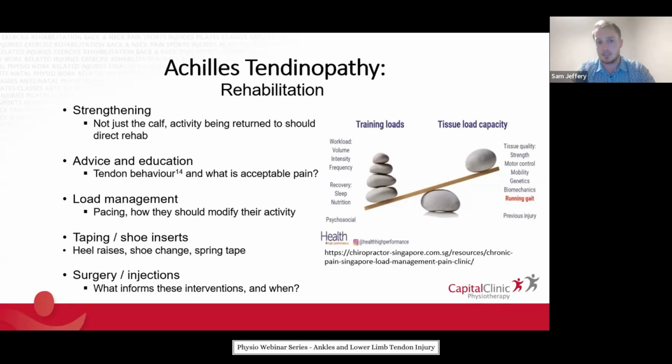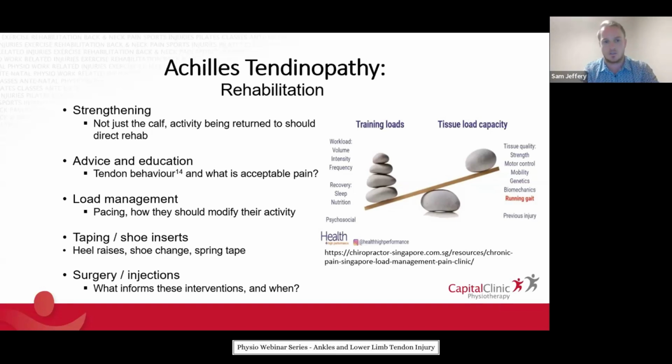A shoe change might be necessary if the person has a really old shoe or it's not particularly supportive of them. And as I said, I have a taping technique that I like to use for propulsion that can really help with unloading that Achilles. And then looking towards potentially something like surgery or injections if physiotherapy is failing or if their pain's too great or we can't get them where they need to be.